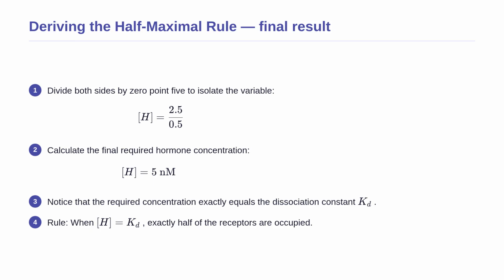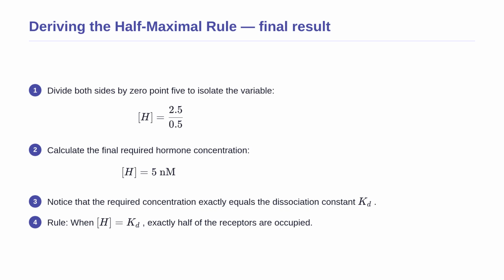In our final step, we divide 2.5 by 0.5, which gives us a required hormone concentration of 5 nanomolar. Notice something fascinating here. The required concentration of 5 nanomolar is exactly equal to the dissociation constant of 5 nanomolar.